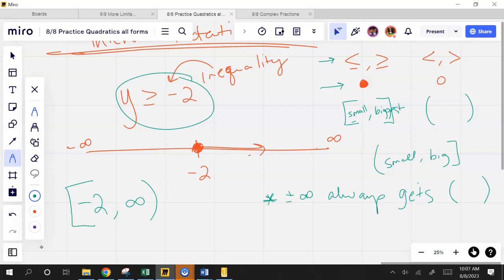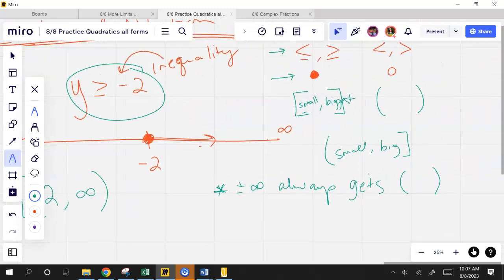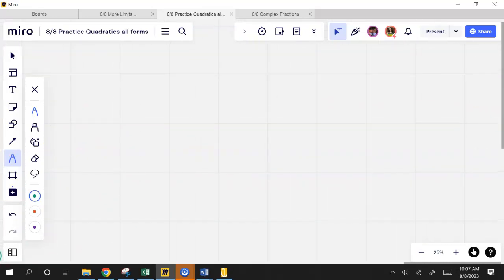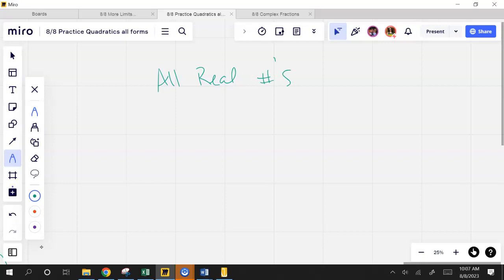How would you say all real numbers? In interval notation, parentheses, brackets, whatever. How do you say anything at all? What's the smallest it could be? You go small to big.